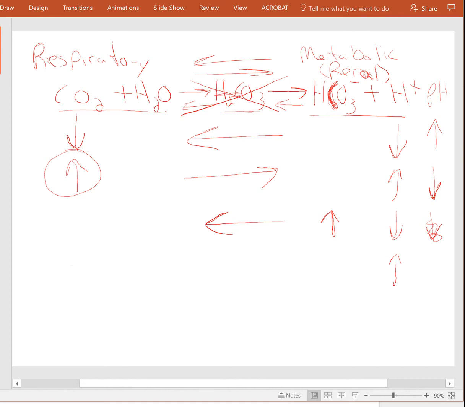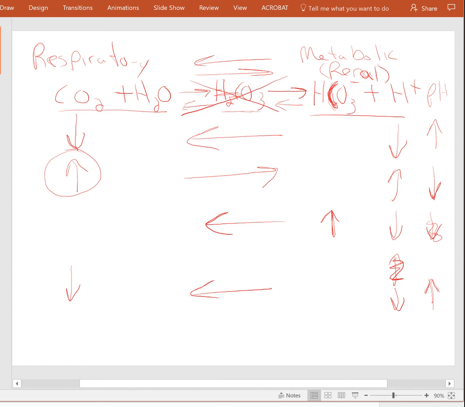Well, what can happen is we can get rid of more CO2, and thereby that's going to lower the concentration of hydrogen ions. Okay? As such, the pH is going to increase, right? It's going to become more neutral or more basic.